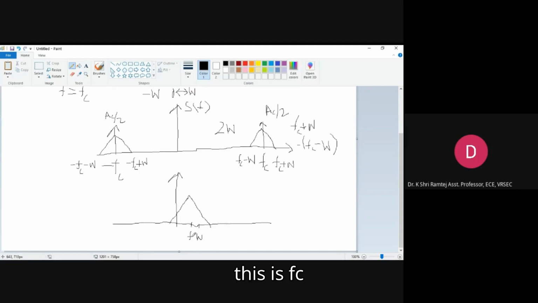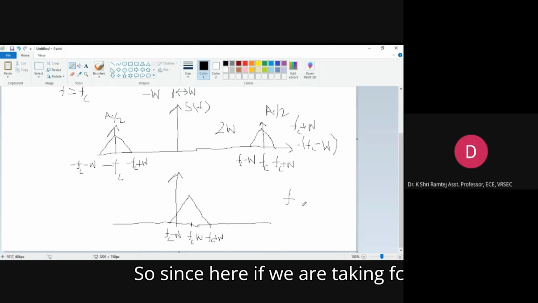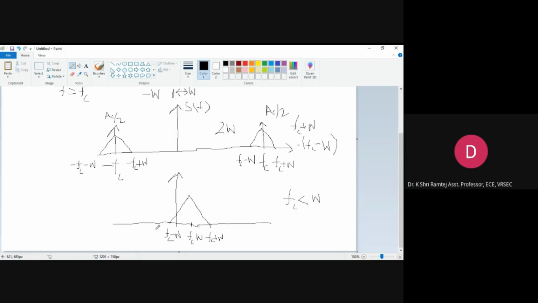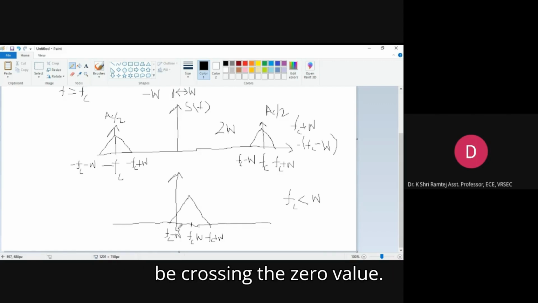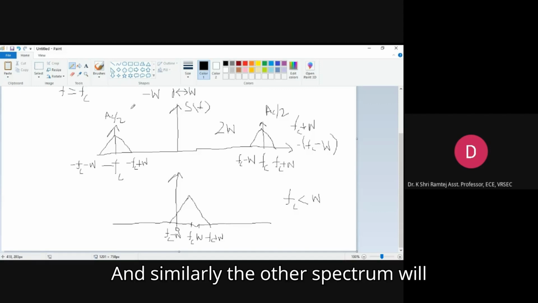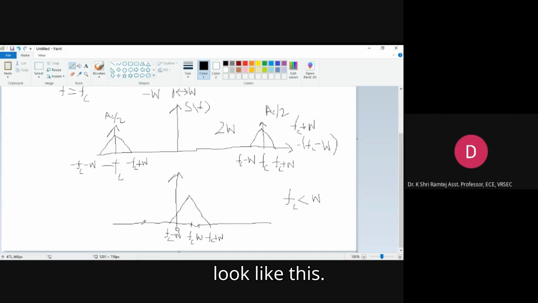This is fc, this will be fc plus W, and this will be fc minus W. Since fc is less than W, the value fc minus W will become negative, so it will be crossing the zero value, and similarly the other spectrum will look like this.